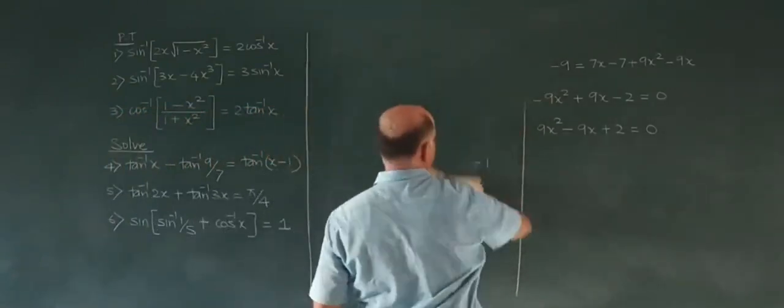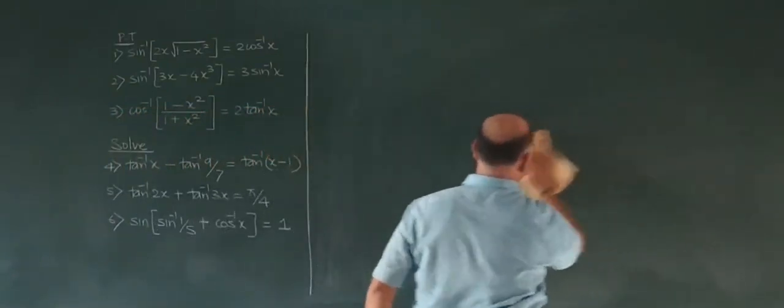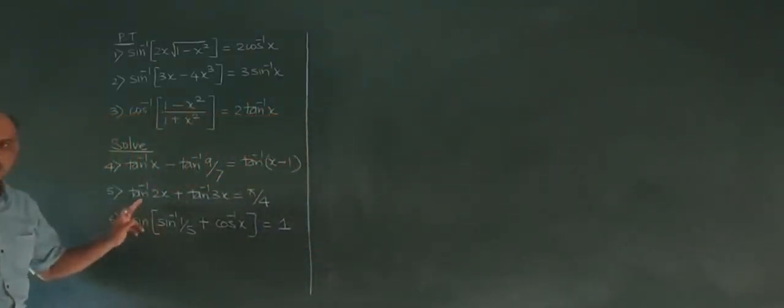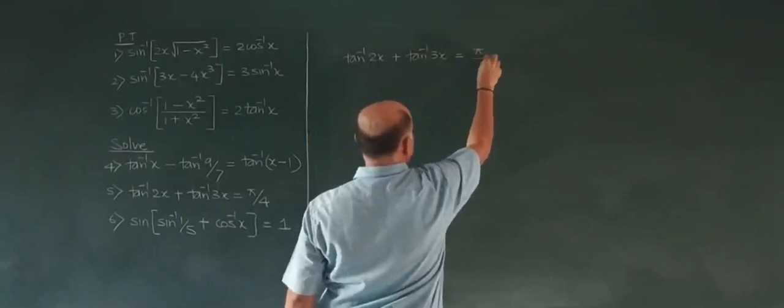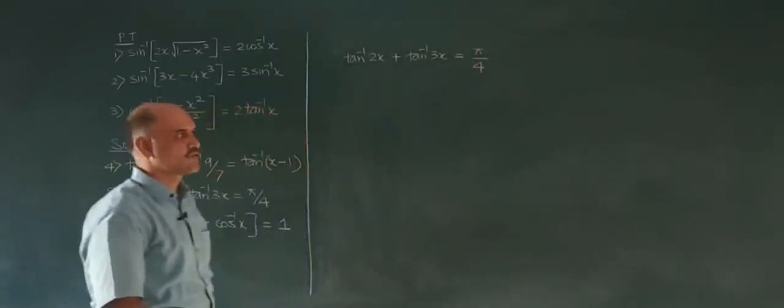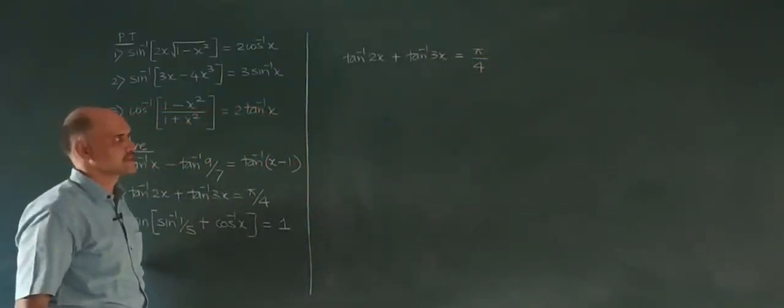Okay students, now taking next problem. Again if you observe the LHS, it is in the form of tan inverse x plus tan inverse y. So tan inverse 2x plus tan inverse 3x is equal to pi by 4. Again here we are required to find the value of x.